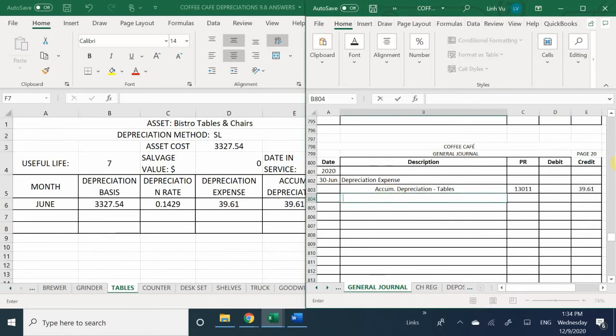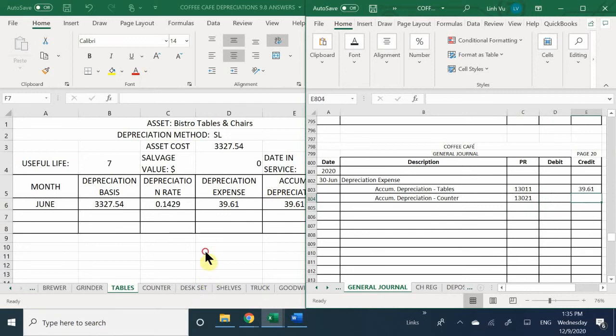What's the second accumulated depreciation that you see on your chart of accounts? The counter. Counter, and account number? 13021. 13021.